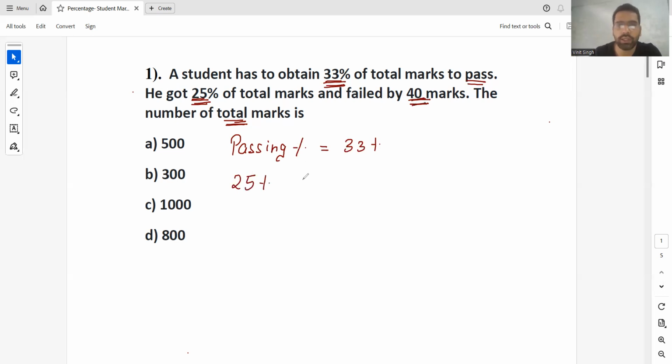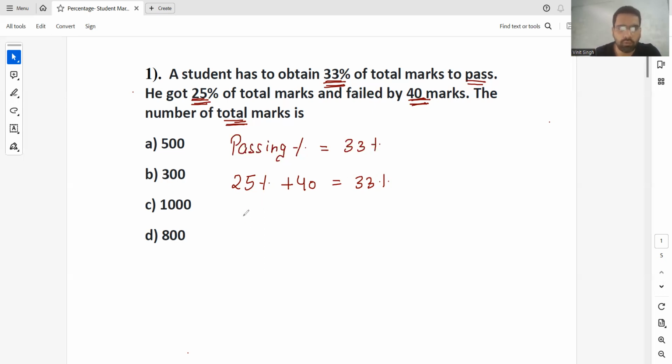If he gets 40 marks as a grace, then he will pass the examination and the total percentage becomes 33%. So 25% plus 40 marks is equal to 33%.